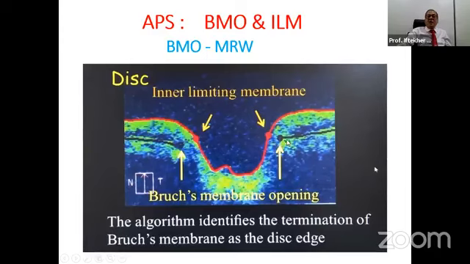The outer border of the rim is detected by the ending of the Bruch's membrane, and the inner border is identified by the ending of the internal limiting membrane. In between the Bruch's membrane and the internal limiting membrane is the neuroretinal rim, and the BMO minimum rim width analysis in Spectralis analyzes this and compares it with the normative database.